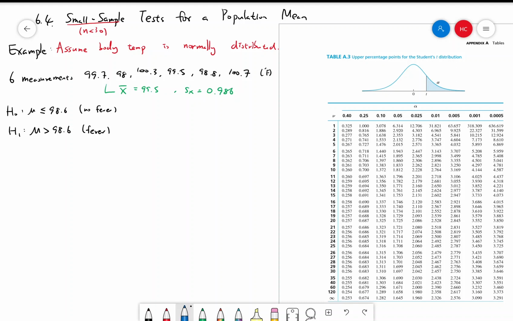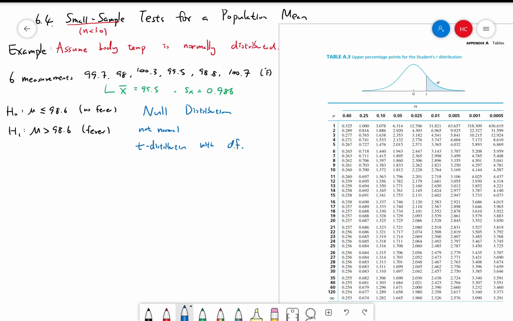So we can draw our null distribution. Because we're doing a small sample, the null distribution is not a normal distribution anymore. So instead of normal, it is the t distribution with degrees of freedom.